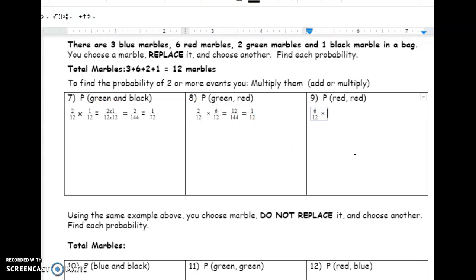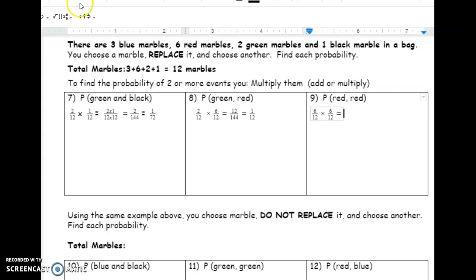It's again 6 over 12, because we're replacing it. That means we took a red out, we have 5 left in, but in order to do the second event, we're going to put that red back in. So we still have 6 red choices over 12. If we didn't have to replace it, that would have been a different story, which we're going to talk about a little bit later.